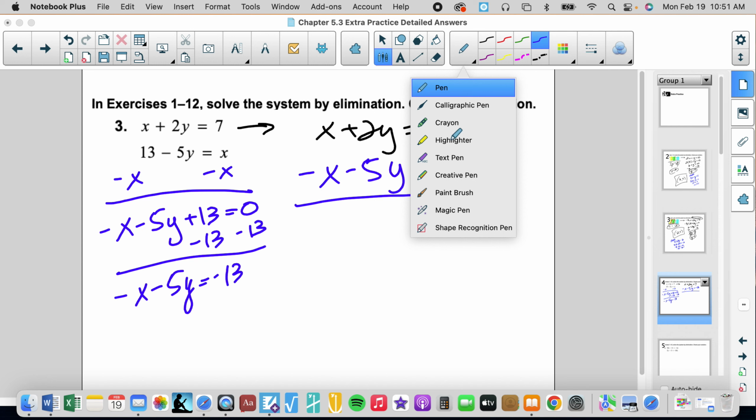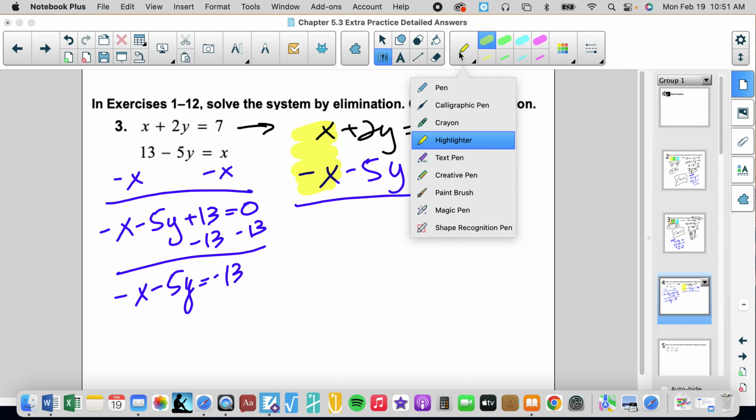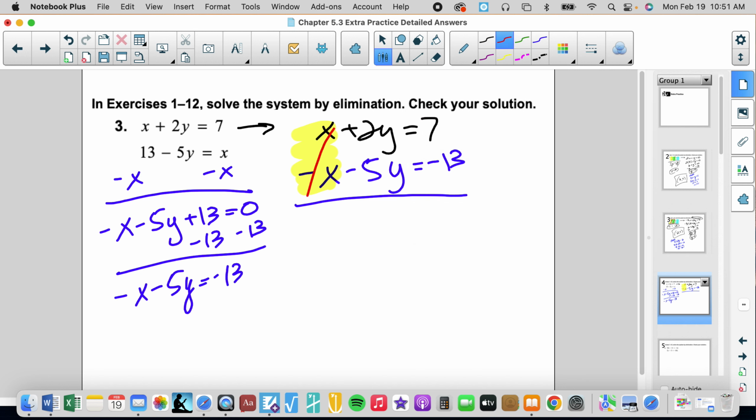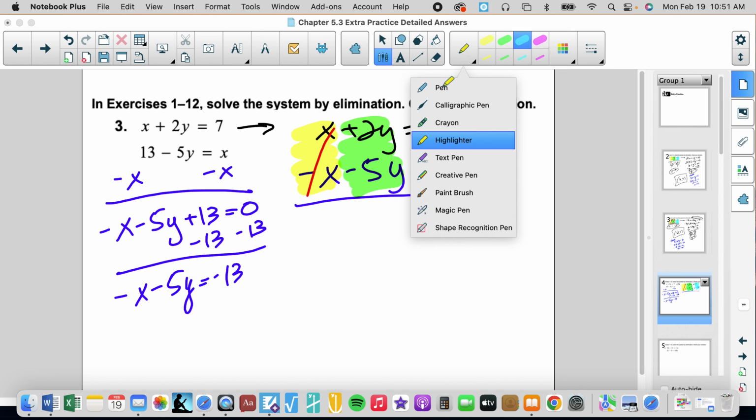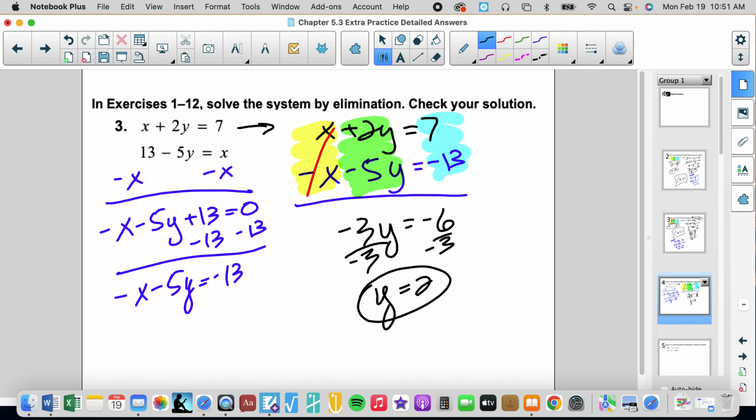I also like it because I notice that my x's are going to cancel, which is nice. That's my objective: can I get one variable? I'm going to combine my y's and I'm going to combine my constants. So the x's cancel. I'm left with negative 3y equals negative 6, divided by negative 3, and we get y equals 2.